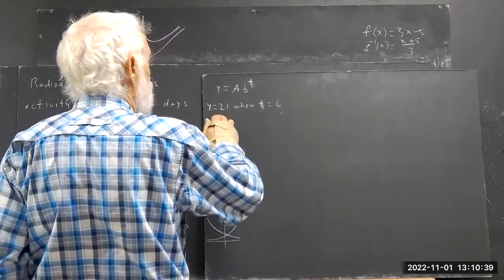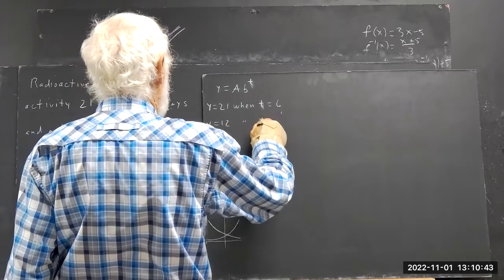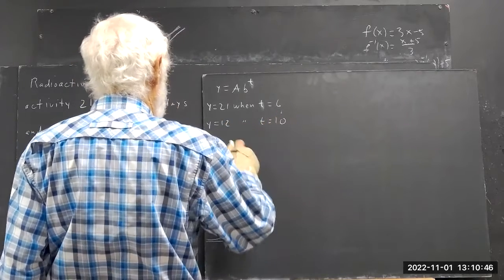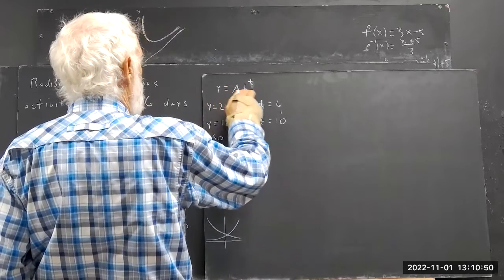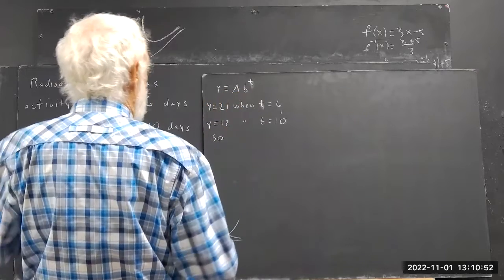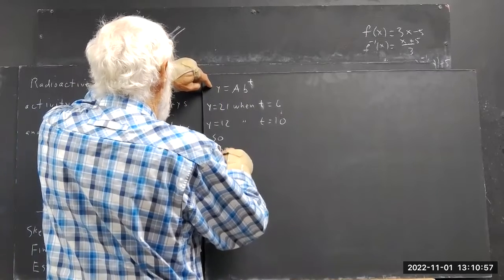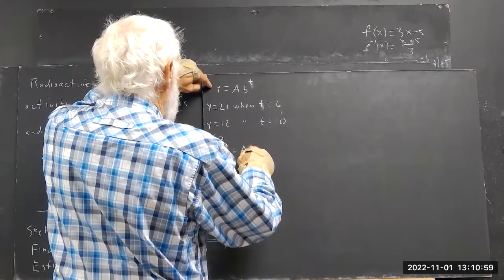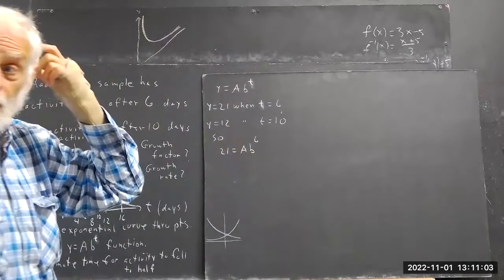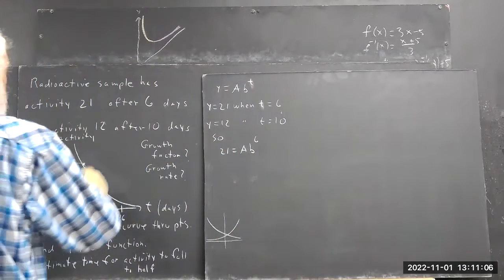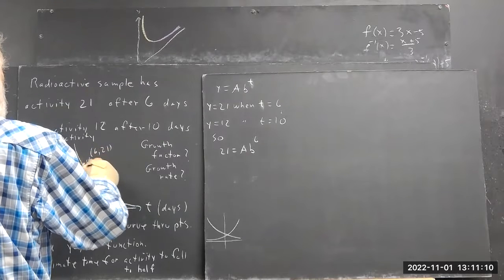Okay, so we know Y equals 21 when T is 6, and Y equals 12 when T equals 10. Y equals AB to the T. Y is 21 when T is 6. So we get 21 equals AB to the 6th. Of course, that corresponds to the coordinates of this point, which are 6, 21.